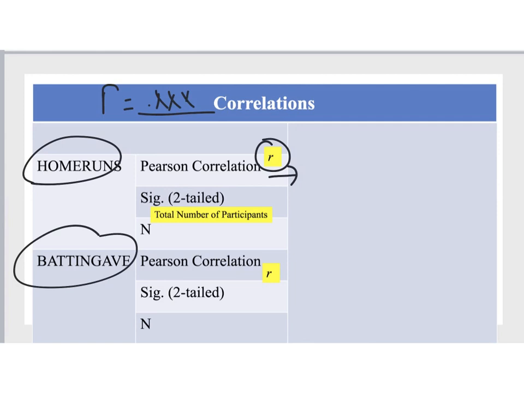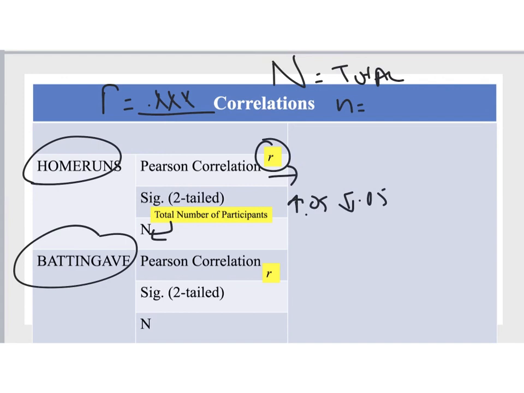Okay, the significance, this is the p-value. It's either going to be above 0.05 or below 0.05. Significance. Make sure you watch the p-value video to kind of understand this. Okay, the N is the total number of participants. So a big N equals the total number of participants.